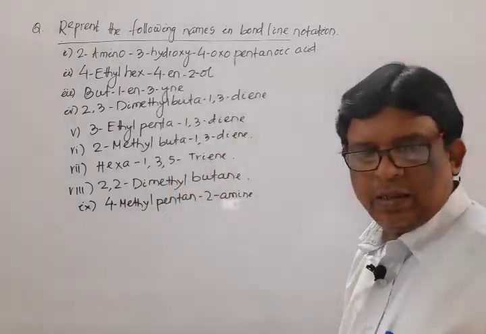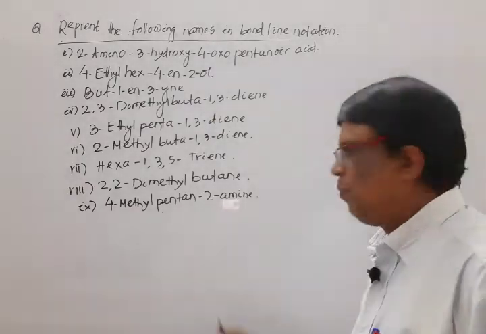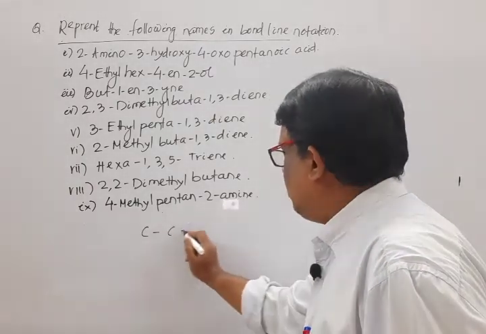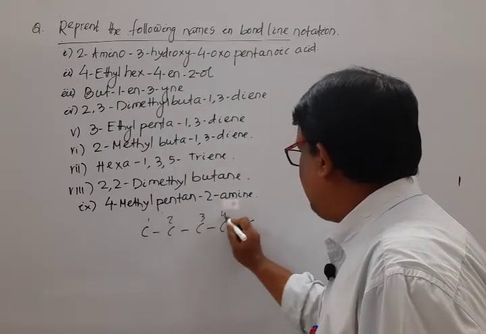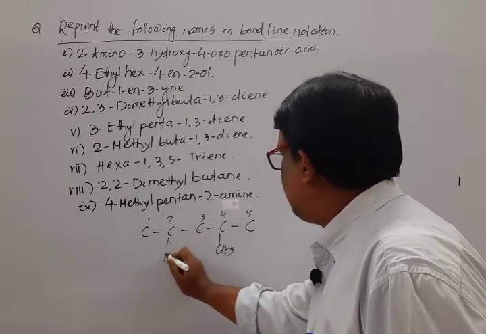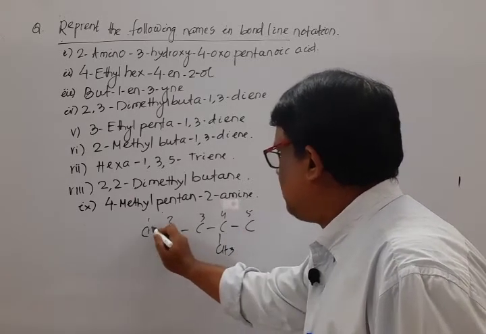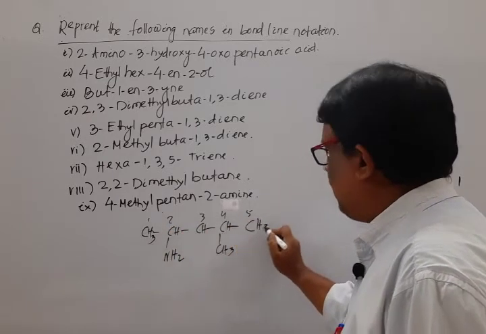Mark that. What is the next one? 4-methyl pentan-2-amine. Pentane, 1, 2, 3, 4, 5. 4 position methyl, 2 position amine. Satisfy tetra covalency. It is the structure.